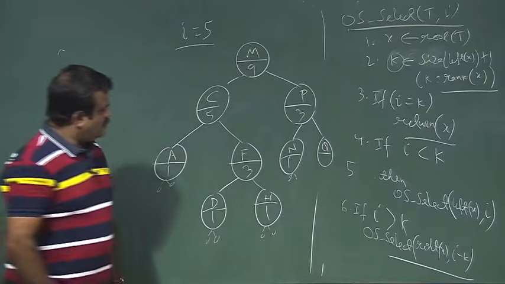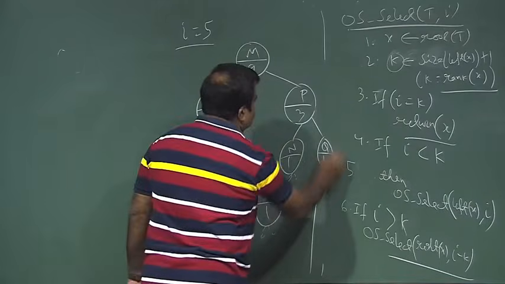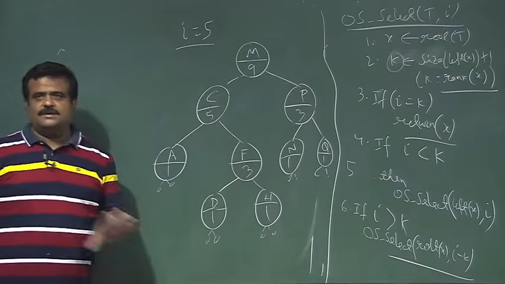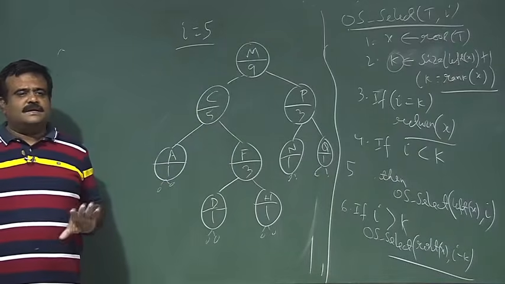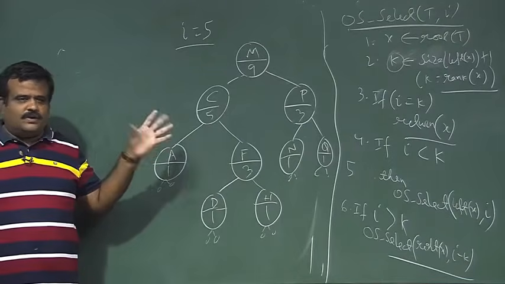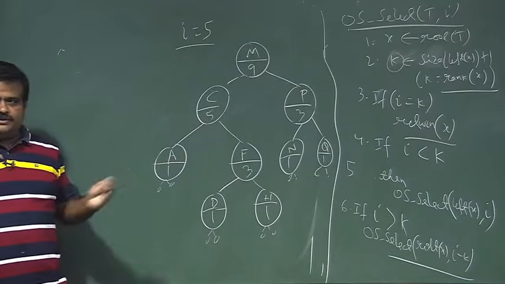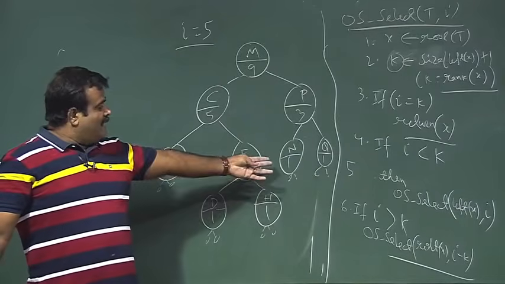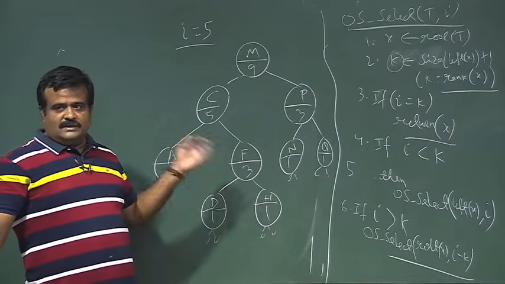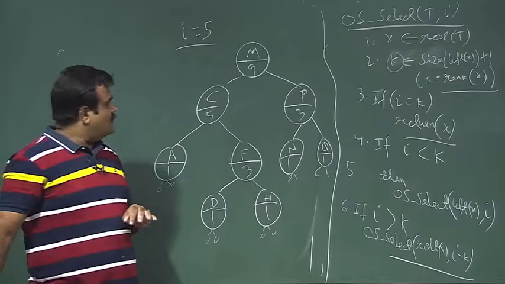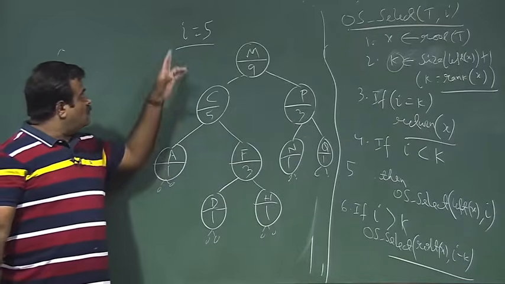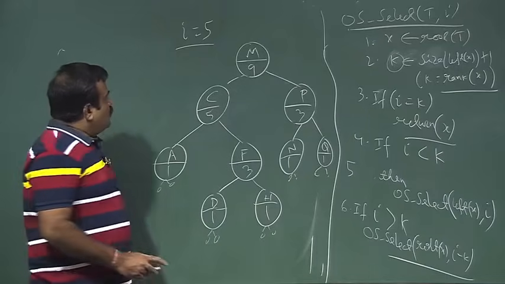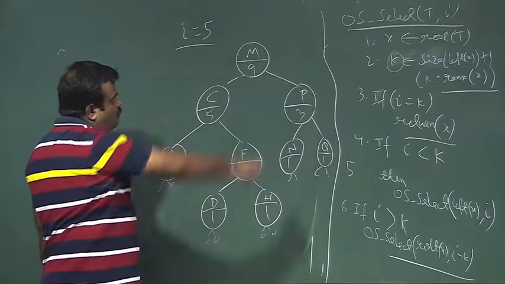This is the complete tree, this is our set S, and we have this data structure, which is basically a red black tree, but we did some augmentation there by adding this extra field, the size, we are keeping the size of the tree. Now, suppose we are looking for the fifth smallest element. So, we just execute this code OS-Select.